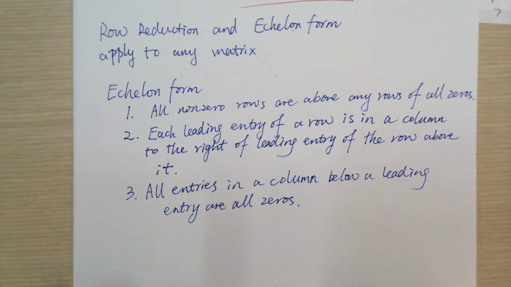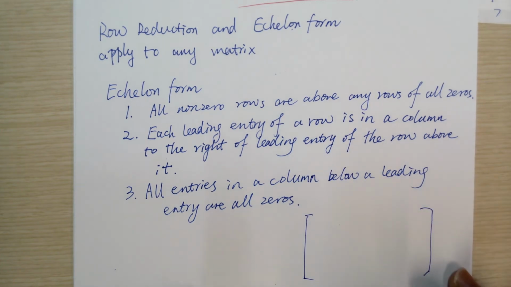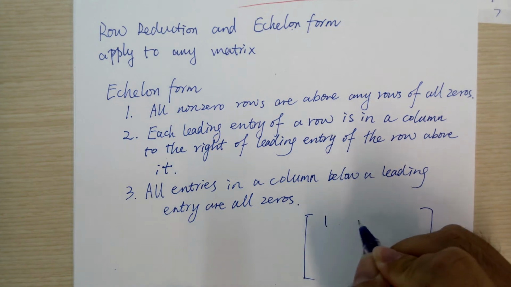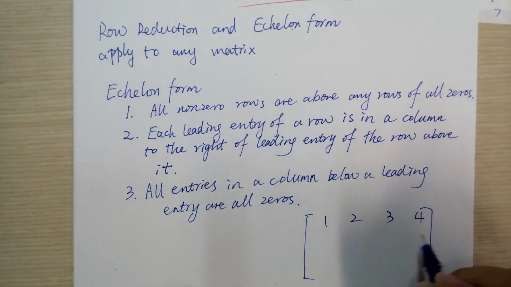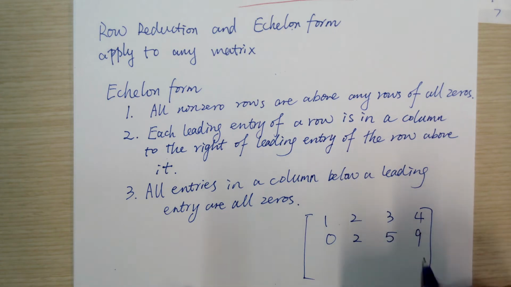Well, for example, if this is, I don't know, 1, 2, 3, 4, then 0, 2, 5, 9, and then 0, 0, 3, 14.